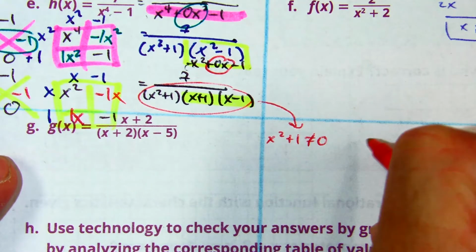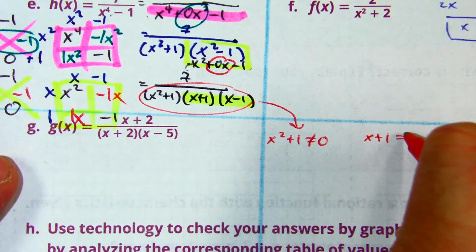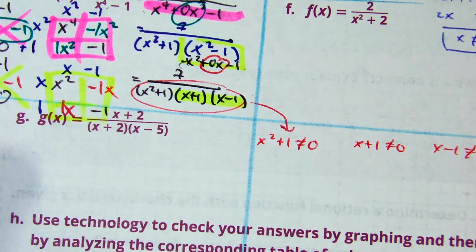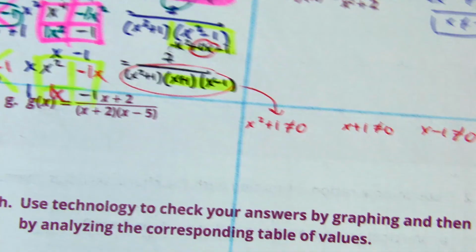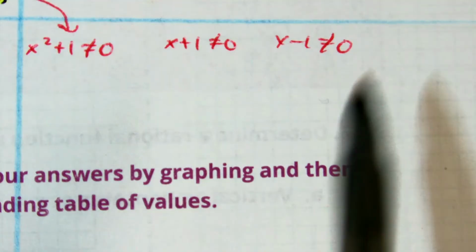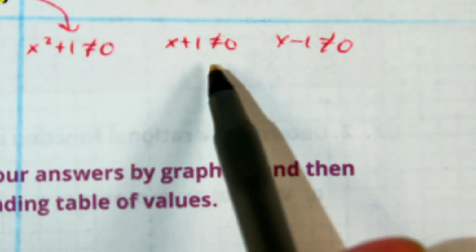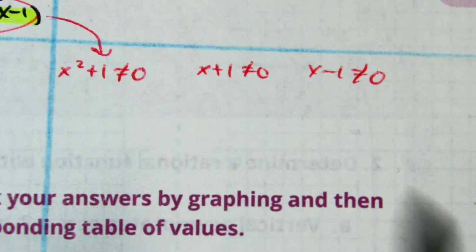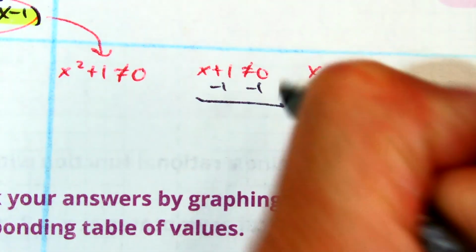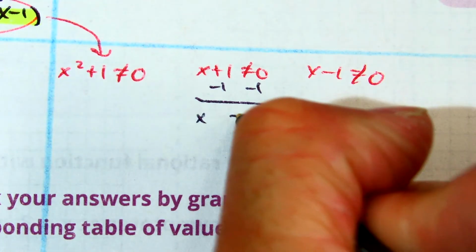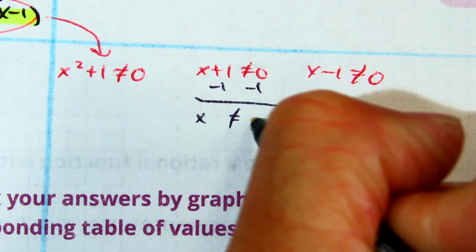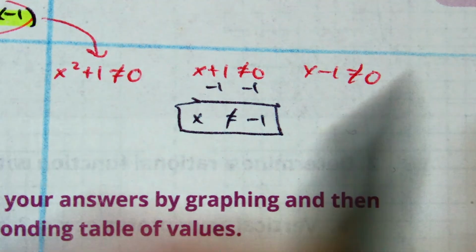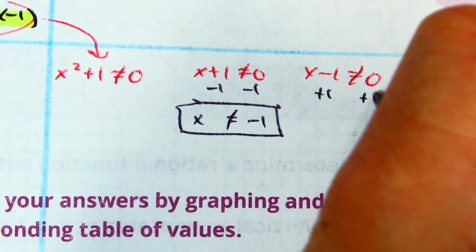I see another skill from last chapter. Let's see if you learned from the mistake, Alejandro. Solve this one. How do you solve that? So I subtract 1 from both sides. X is what? Not equal to negative 1. How about over here? X is what?